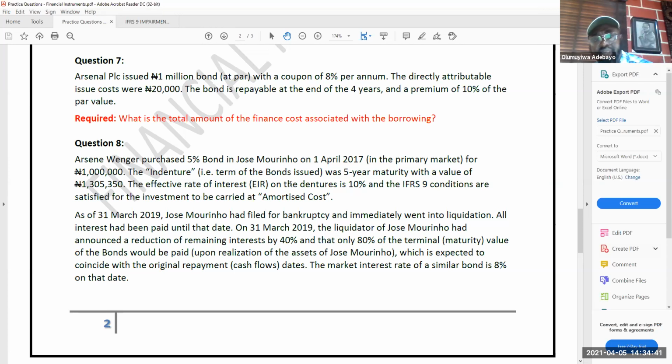And when we finish that, we'll now move into other areas, such as the recognition, the classification principles, and impairment assessment. After that, we'll now venture into embedded derivatives and hedge accounting in order to wrap up the discussion on IFRS 9.